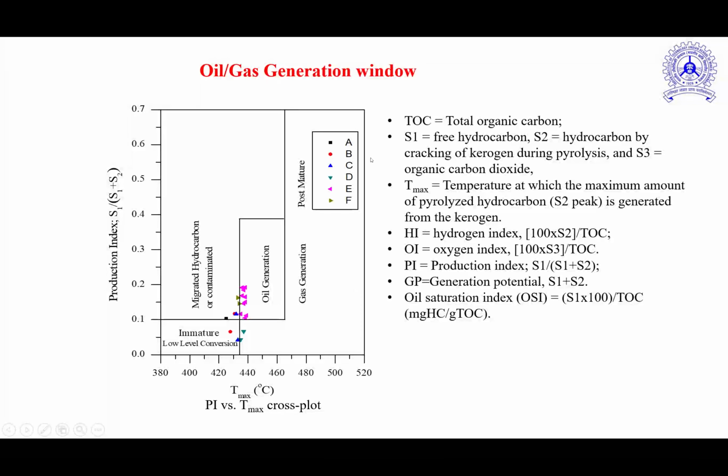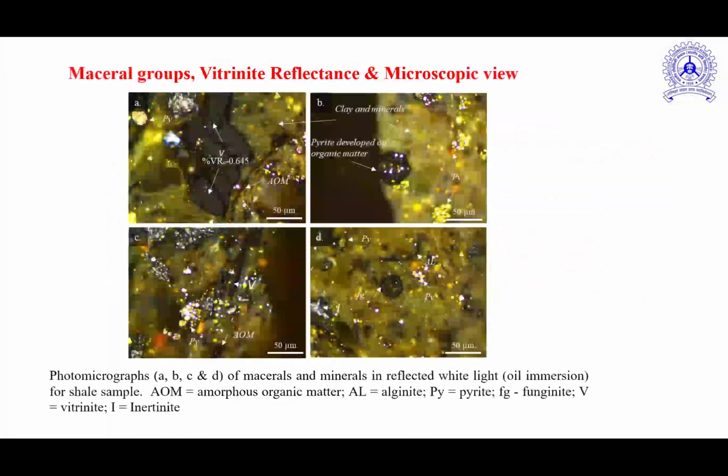So productivity index, these we determine, and then we evaluate our shale, whether it could be produced later on or not. So this is another parameter, maceral groups, vitrinite reflectance. If you look into this, these are the vitrinite reflectance. This will tell you what kind of maceral groups we have.